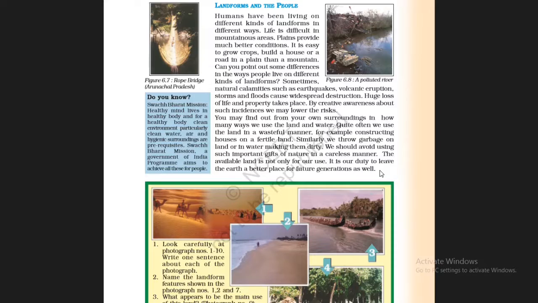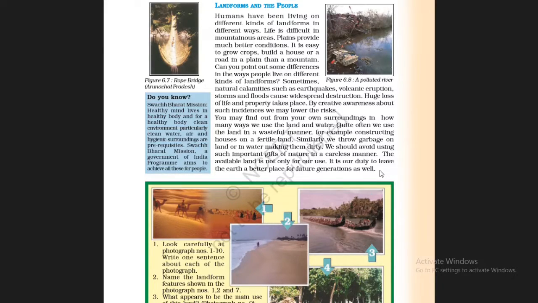Likewise, we throw garbage on land or in water, which makes them dirty. We should avoid using such important gifts of nature in a careless manner. So you must remember, we must avoid it. We should stop using such important gifts of nature in a careless way.